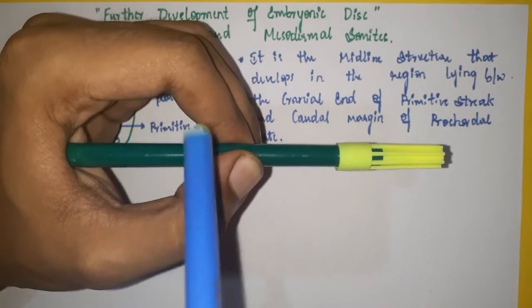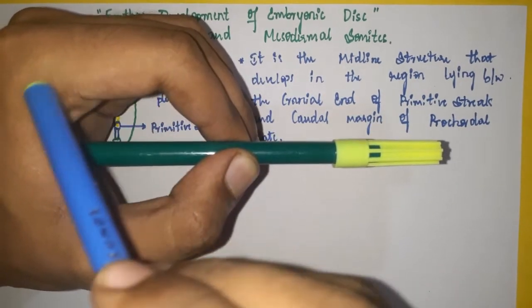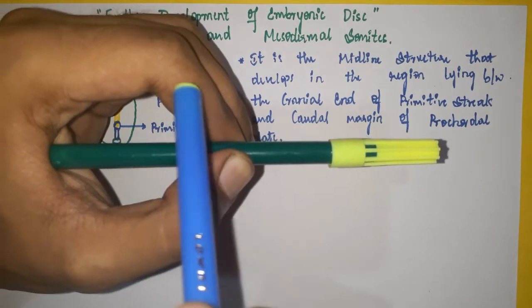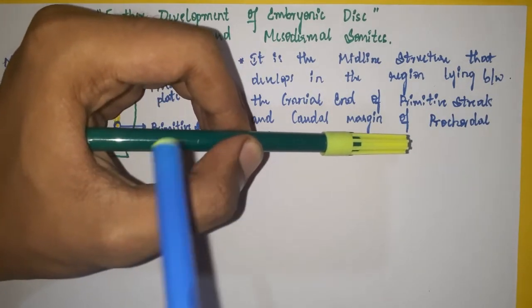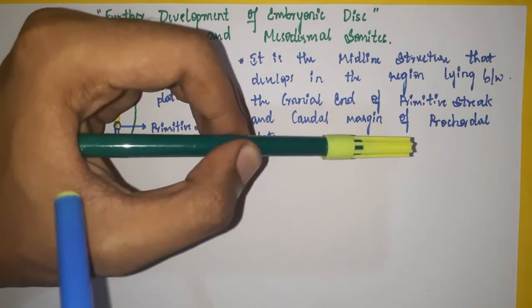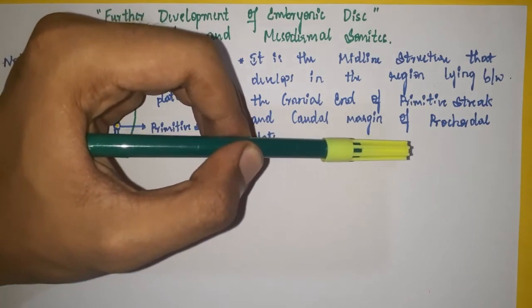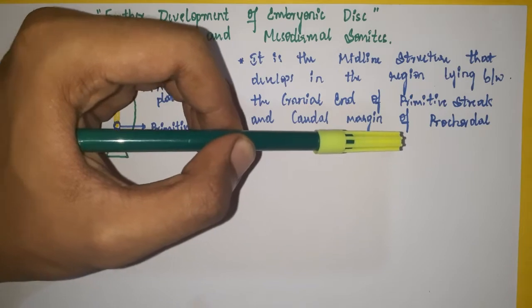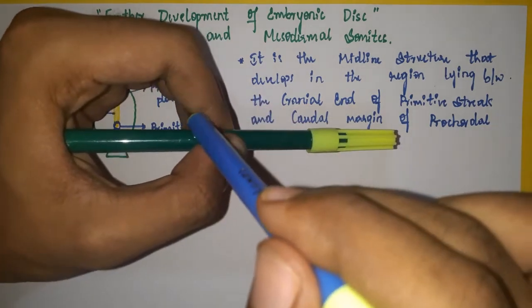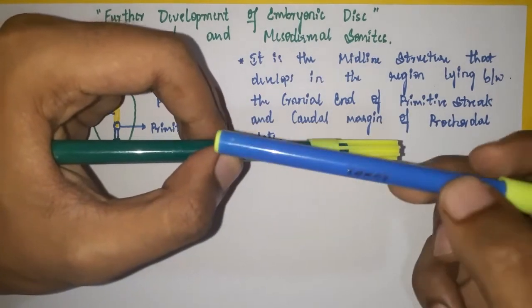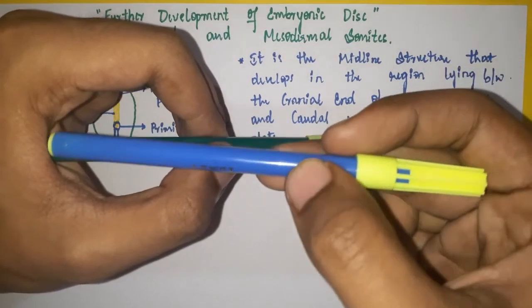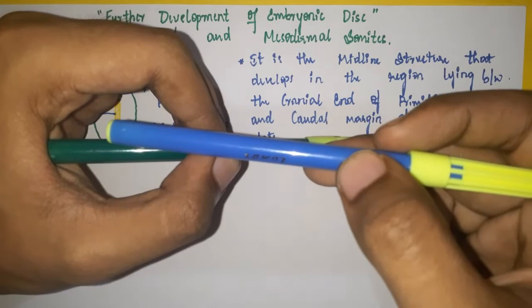This amniotic cavity is lined by ectoderm, and this yolk sac is surrounded by endoderm. And mesoderm is present between these two, ectoderm and endoderm.